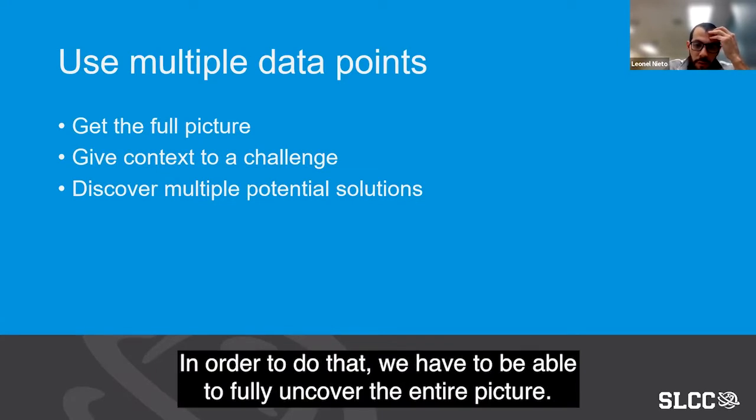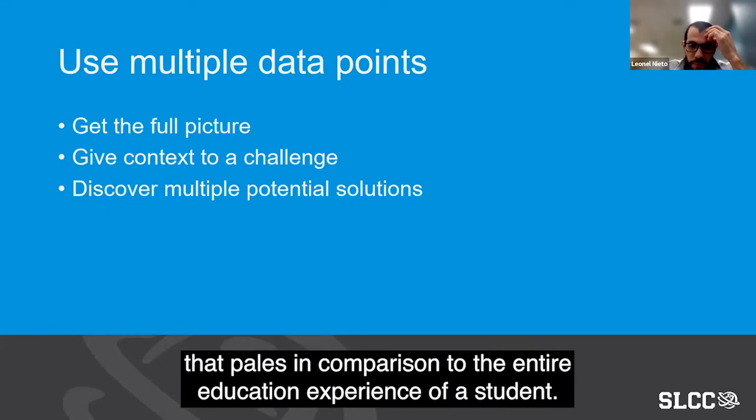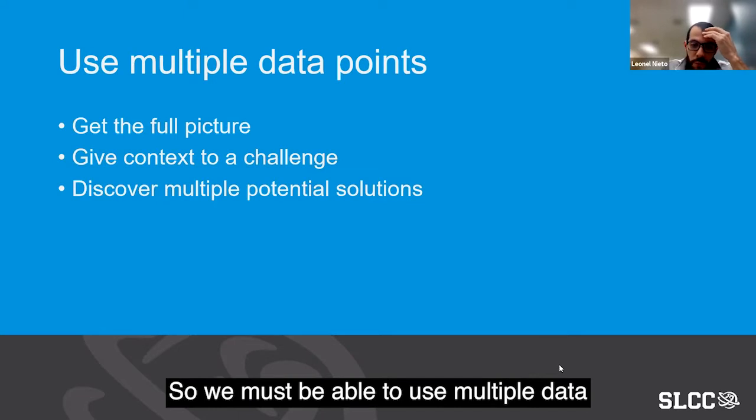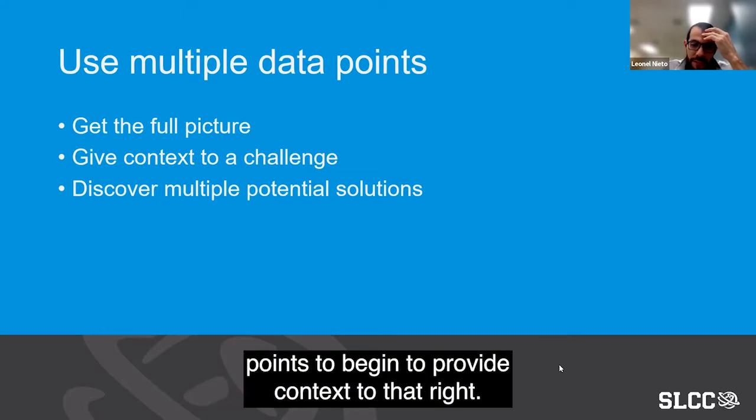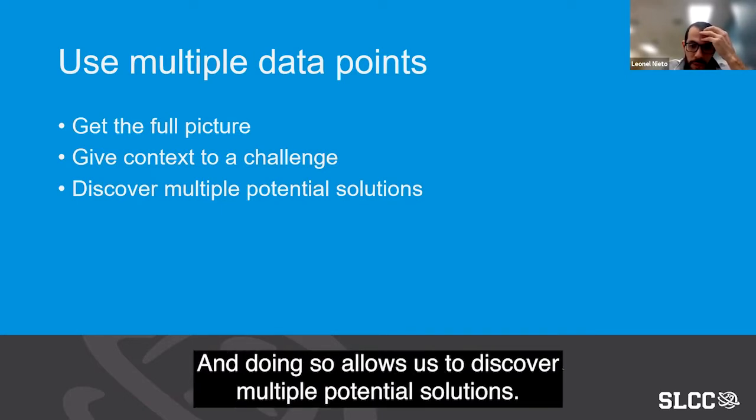We have to fully uncover the entire picture. Low completion rates are just one dot that pales in comparison to the entire education experience of a student. So we must use multiple data points to begin to provide context to low completion rates, and doing so allows us to discover multiple potential solutions.